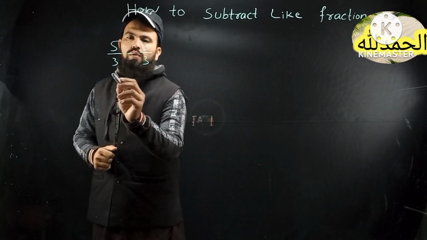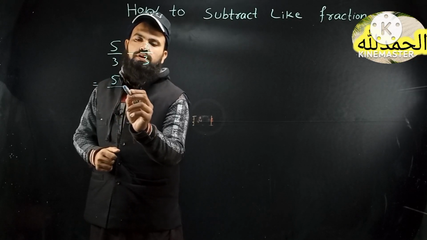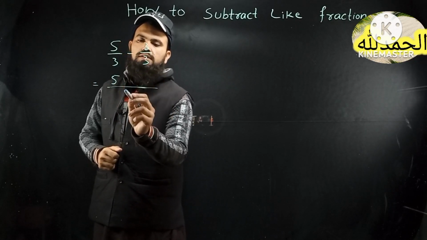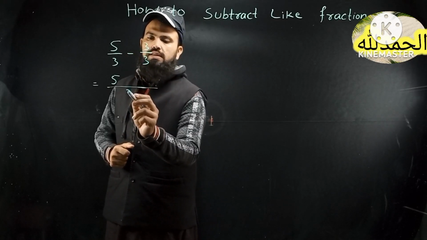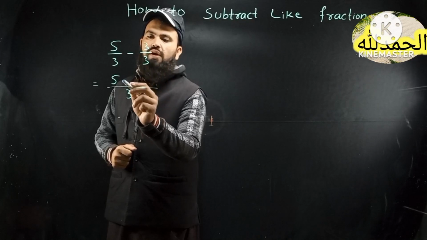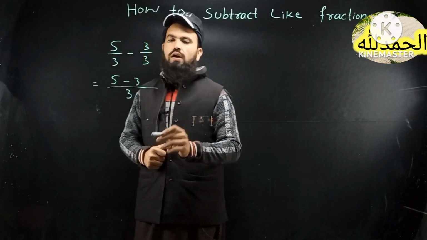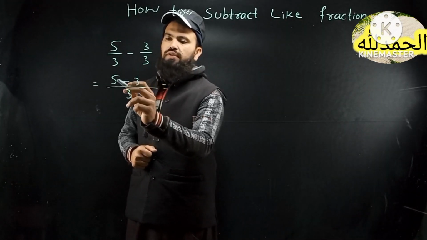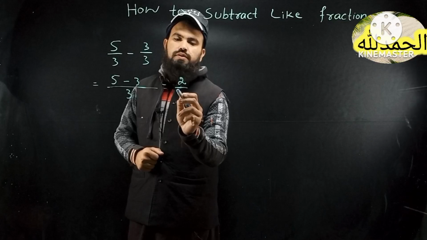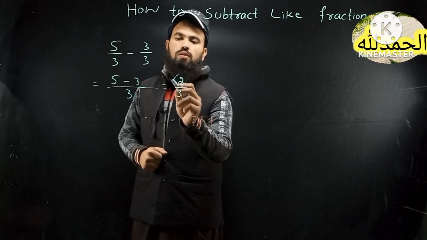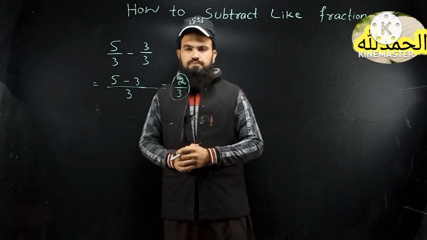So we write these fractions again, 5 over 3. 3 is the LCM. Subtract 3 from 5. Subtract 3 from 5 is 2. And the denominator is 3. So our answer is very simple, 2 over 3.